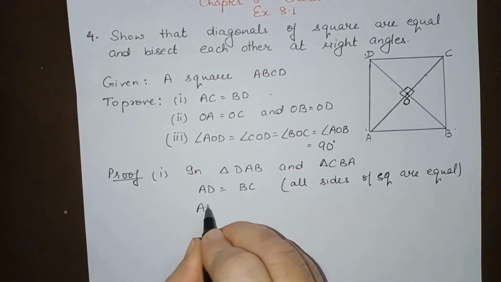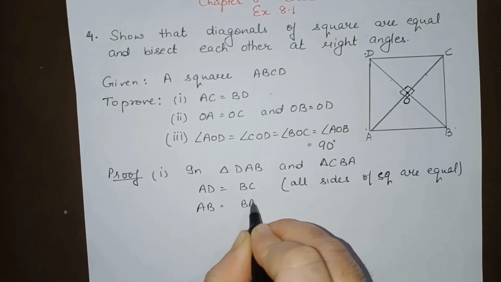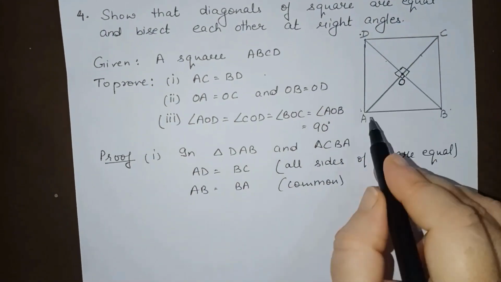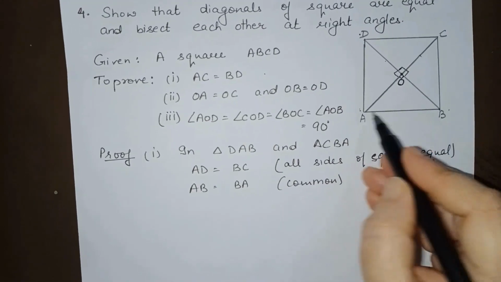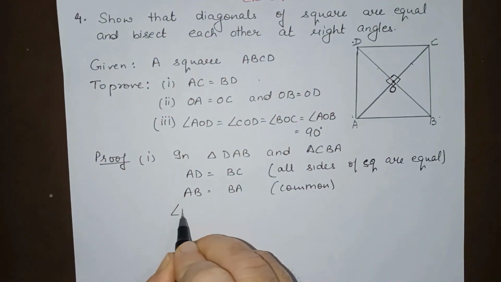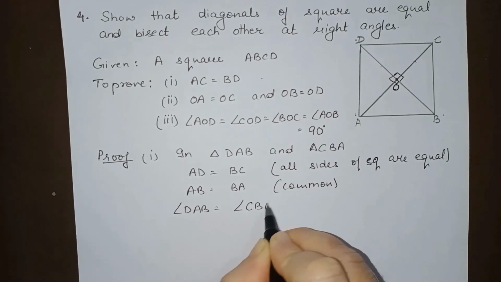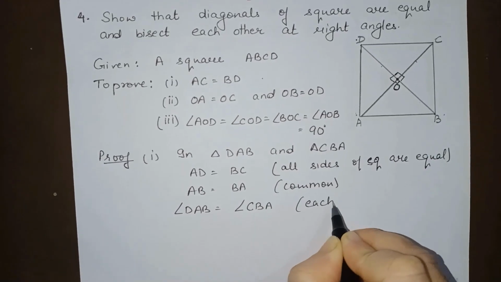Then we have AB is equal to BA, that's common. And then, as this is a square, each angle is 90 degrees. So angle DAB is equal to angle CBA, each 90.